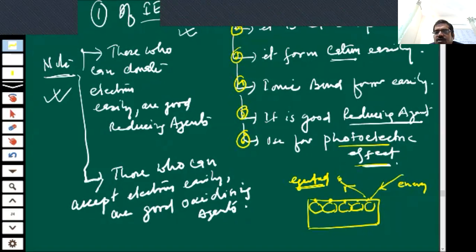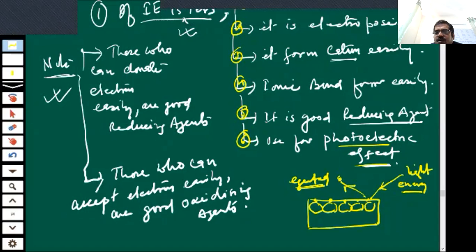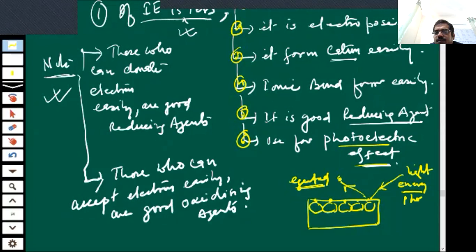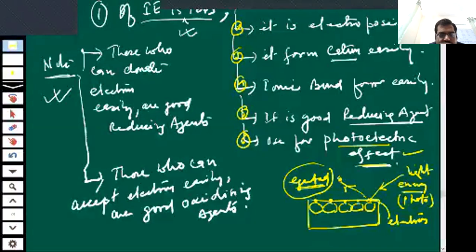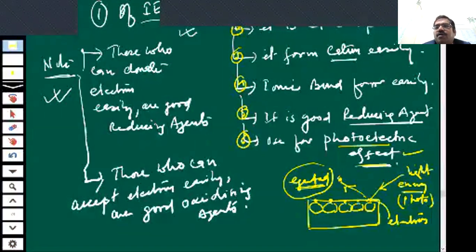So if the electron is ejected with the help of light energy, light is known as photo, and electric refers to the electron. Ejected means effect. So this type of material can be used to generate electricity by keeping it in front of sunlight. That is known as the photoelectric effect.